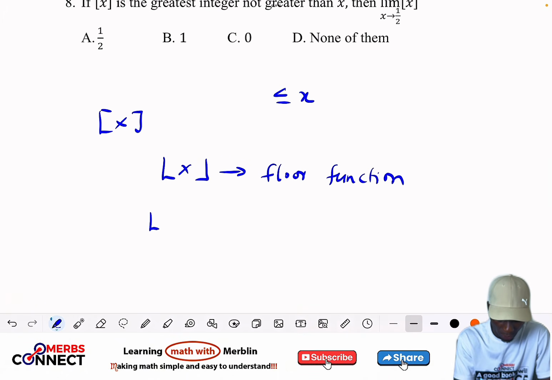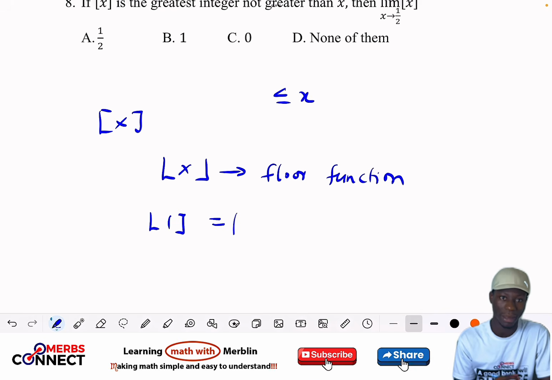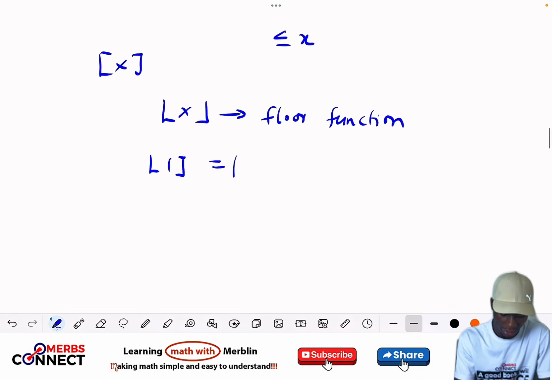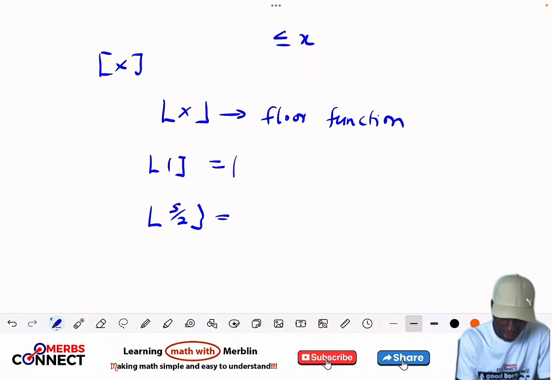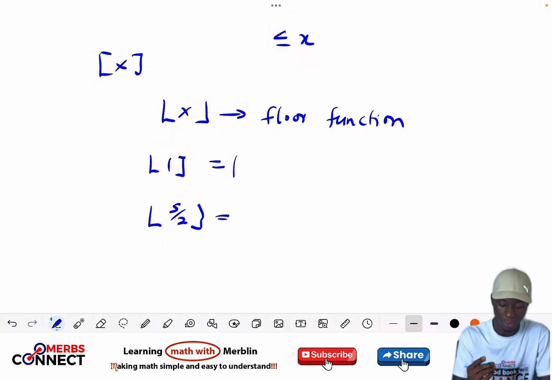So now let me do some experiments here. Now if I want to pick the floor value of 1, this is equal to 1. But let's talk about fractions, right? Now if I want to pick the floor value of, let me say, 5 divided by 2. Now this is a fraction, so I need to write it in decimal point, right?